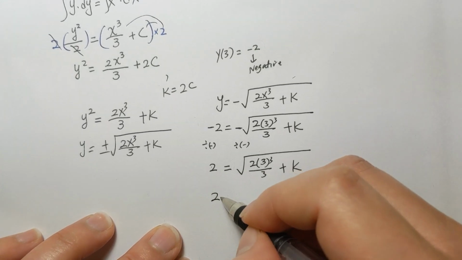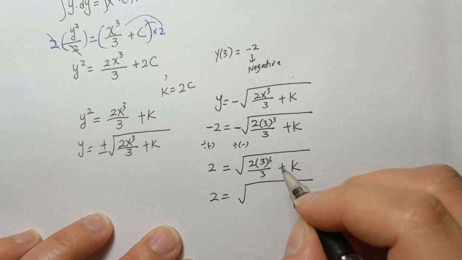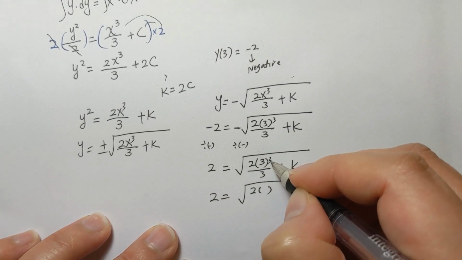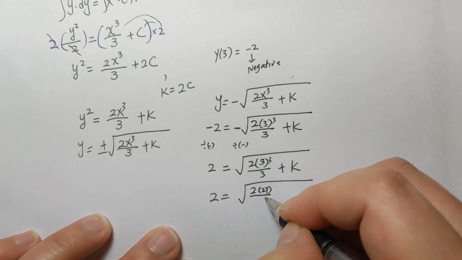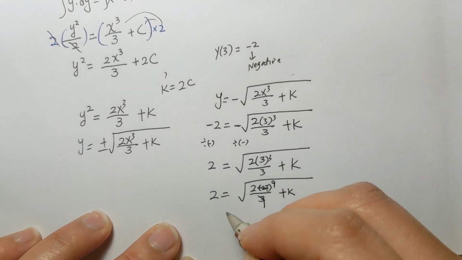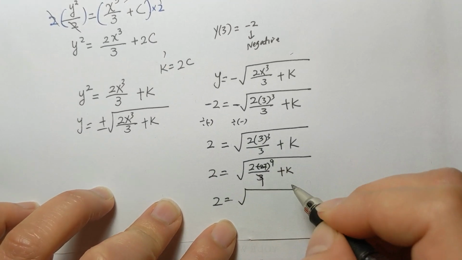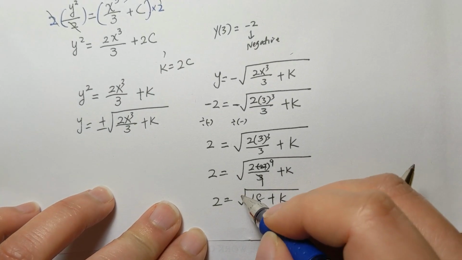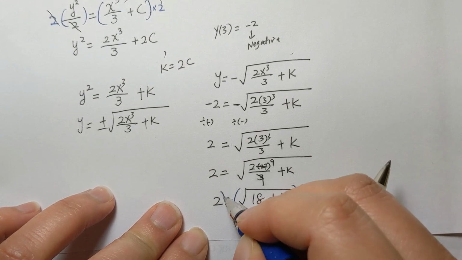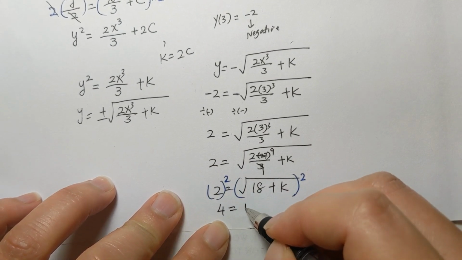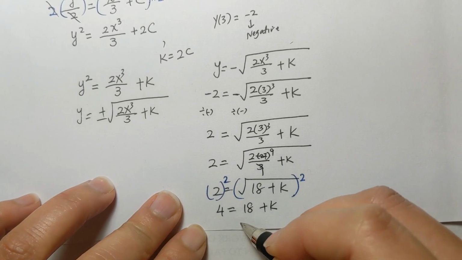Now simplify. So now you got 2 times 3 to the third, 27, over 3 plus k. Simplify it. Okay, so we got 2 equals square root of 18 plus k. To cancel the square root, you square both sides. So now I got 4 equal to 18 plus k.